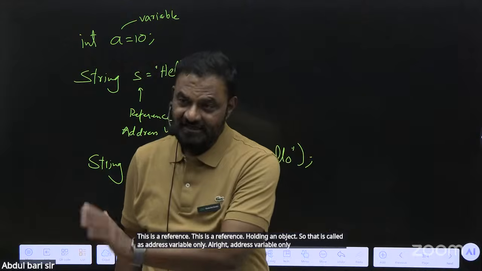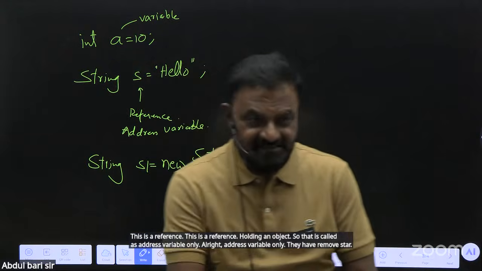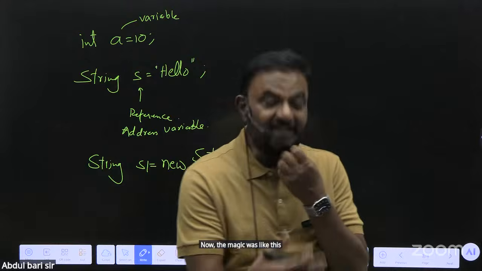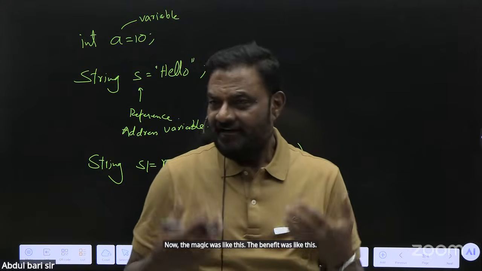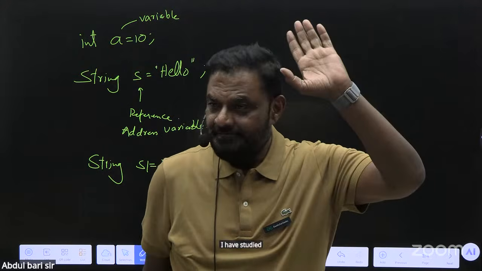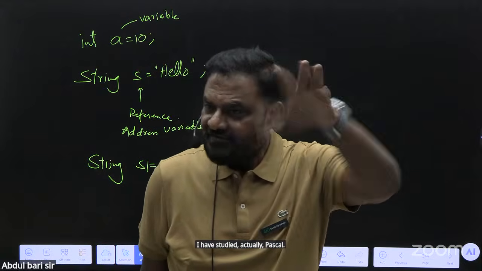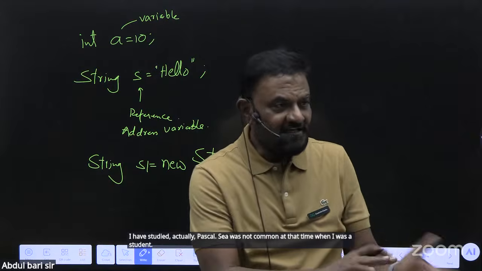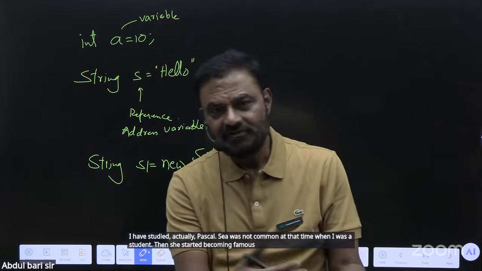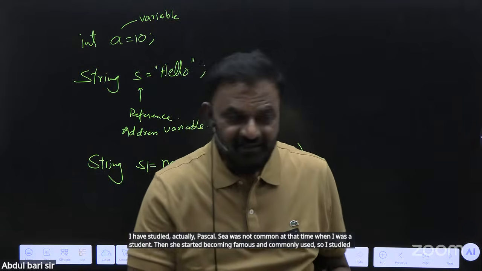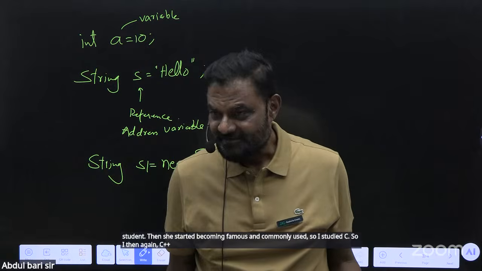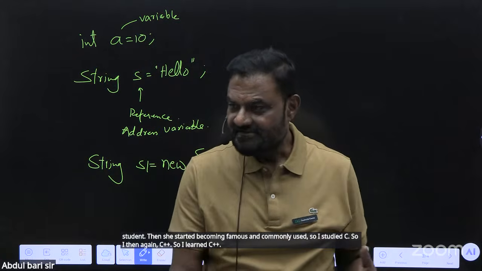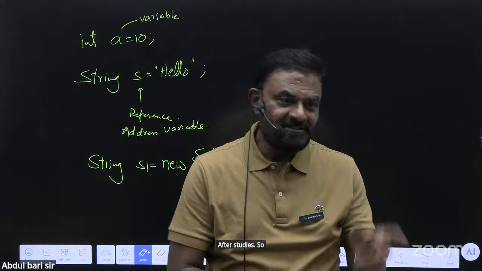They have removed the star. Now, the magic was like this. The benefit was like this. I studied Pascal actually. C was not common at that time when I was a student. Then C started becoming famous and commonly used, so I studied C. Then I learned C++ after my studies. In C++, I have pointers.